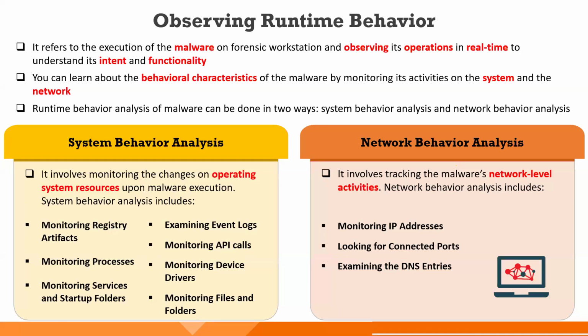Then at the network layer, you're monitoring the IP addresses that the malware contacts while it's being executed, and also looking for the ports that it uses to contact, and also the DNS entries that it makes on the system. This will enable you to understand, at the network layer, if the malware is being executed on the computer system, which specific IP addresses, ports or DNS entries it makes.